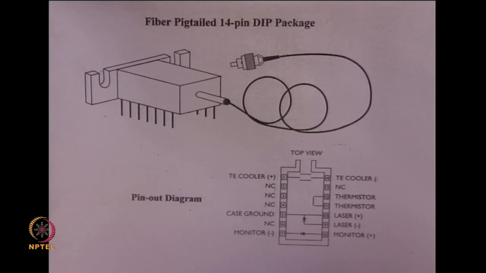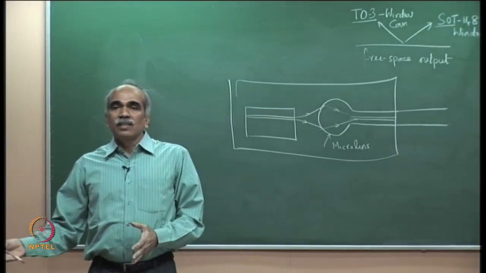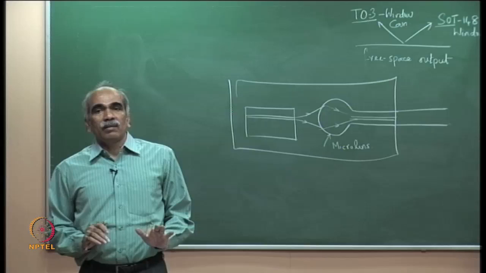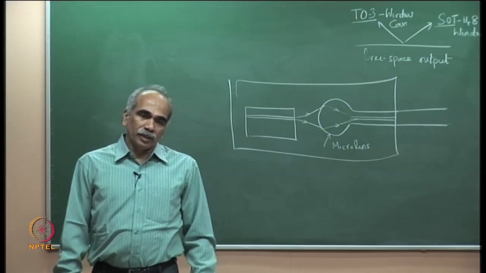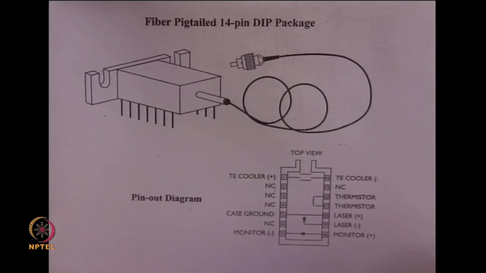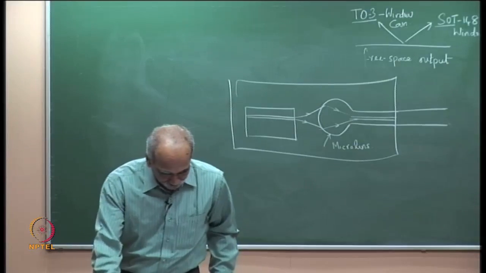And the top 2 electrodes are for the TEC. So, this is the pin diagram, and if you understand what is there in a practical device, I hope you know how the device looks like. So, this is a 14 pin DIP package.